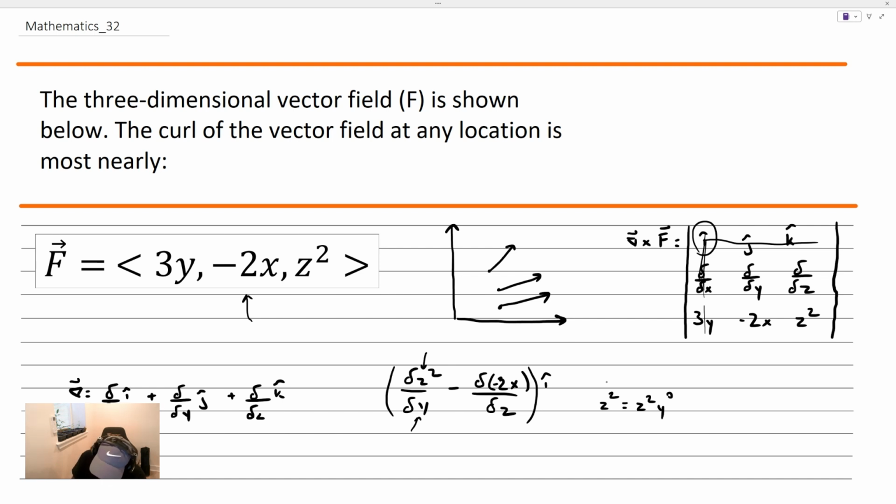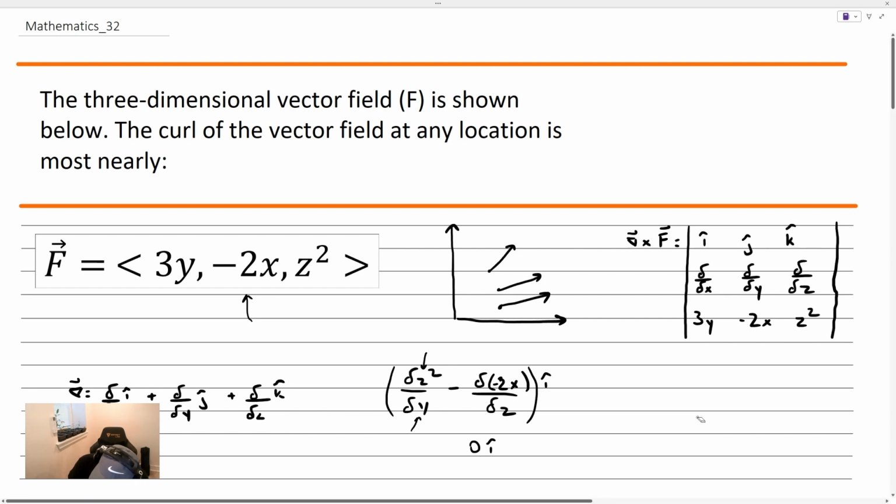If you use the power rule here and drop down that 0 when you're taking the partial derivative, then you're going to get a 0 value for this function, and the z squared is considered a constant when you're taking a partial derivative. So the first component is for sure 0 in the i after we compute it. What about the second component?